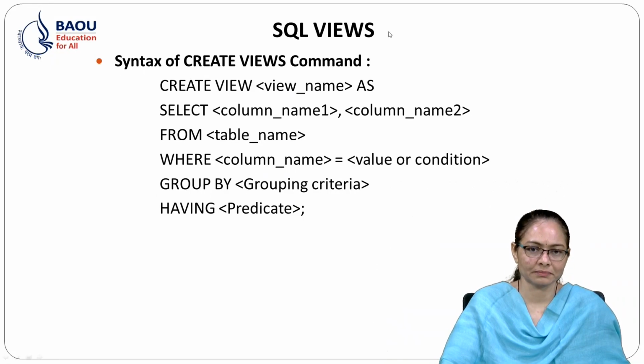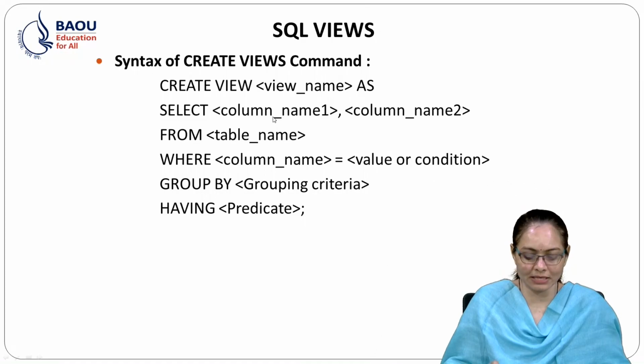These are the select command. Before the select command, you have to write create view, view name, then as. This line is written before the select statement. Then this select statement fetches the data from the table, and that data is generated as a view, just like a virtual table. A view is like a virtual table.